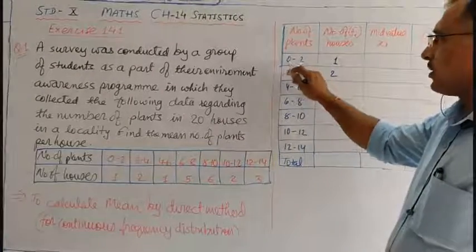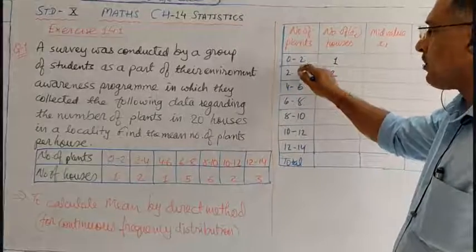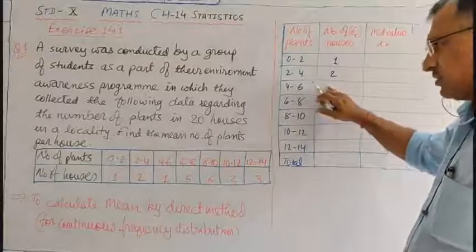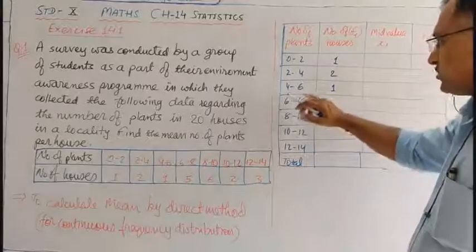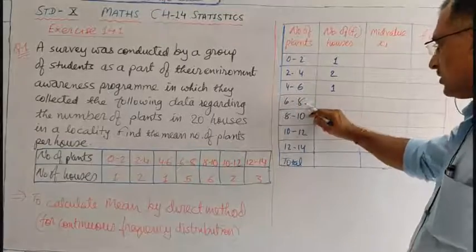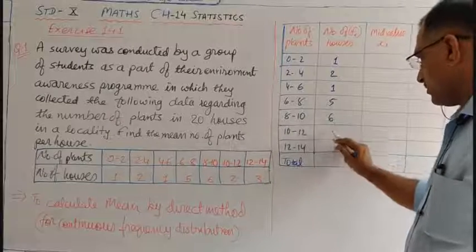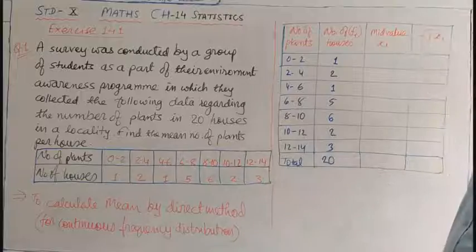As you know, this is lower limit and this is upper limit, lower boundary point and upper boundary point. So upper boundary point is not included in the class. Then here 4 to 6, there is only one house having less than 6 plants, but 4 or more than 4. Then 6 to 8, 5. Then here 6, 2, 3, and total there are 20 houses.